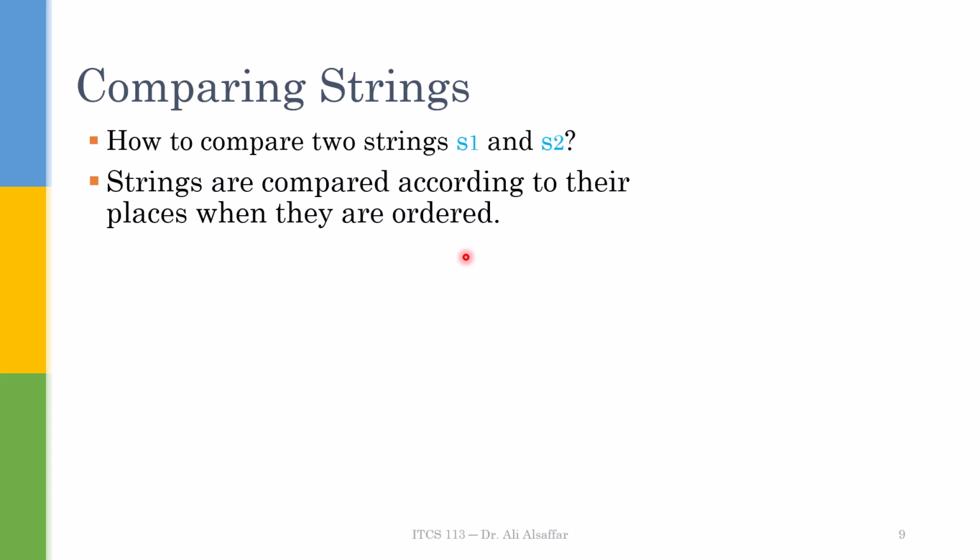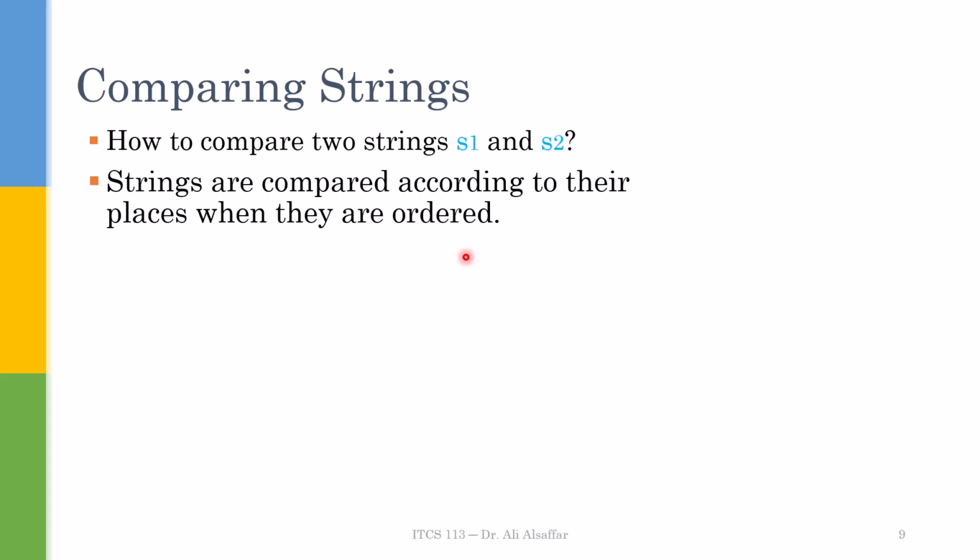For example, if you want to find a telephone number for a person called Hamid, then you know that the names are ordered according to alphabetical order. Names starting with A come before B, which comes before C. So you go directly to H to look for the telephone number for Hamid. So we say that the names are ordered in alphabetical order.